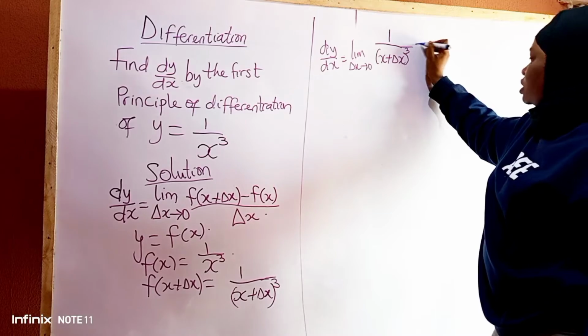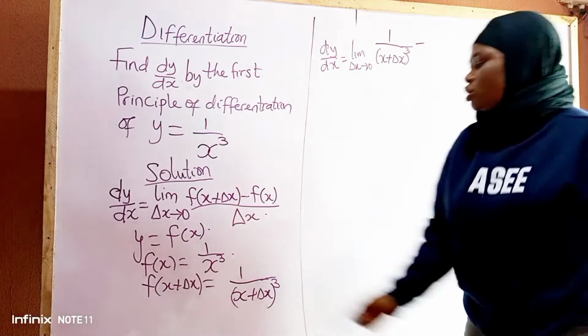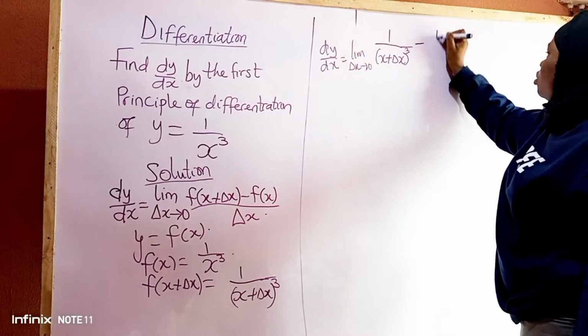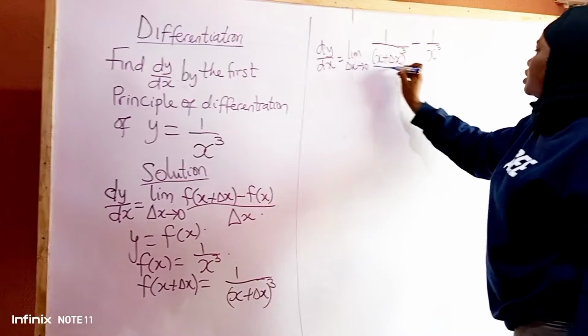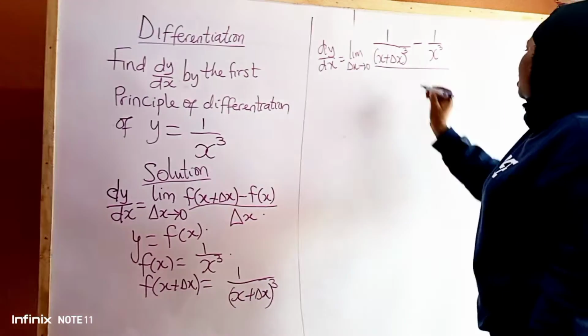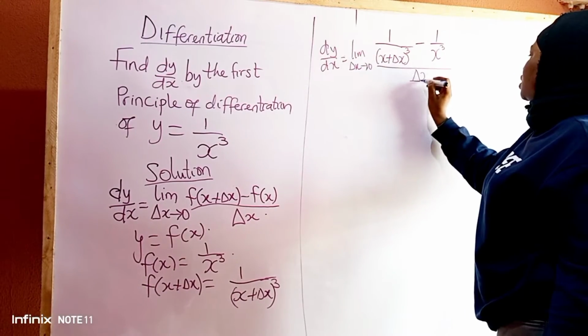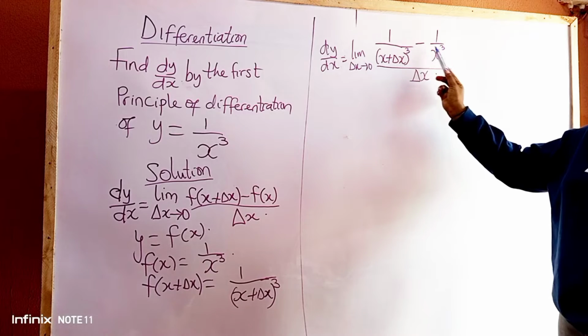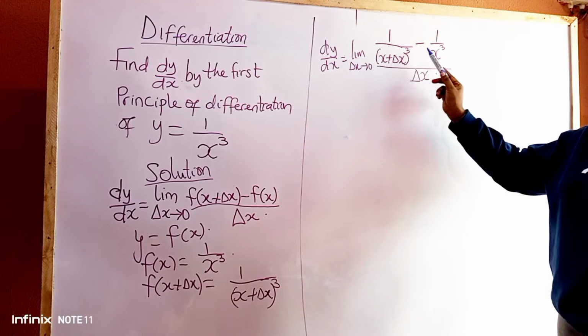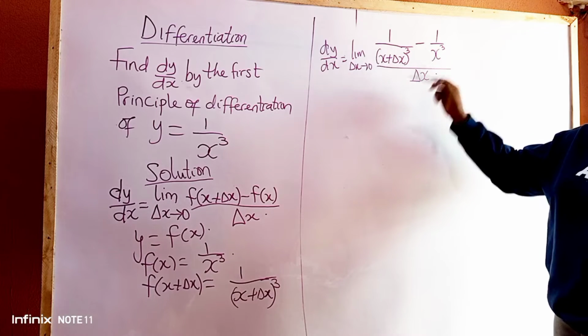Then minus f of x, which is 1 over x cubed. Everything over what? Change in x. So the next thing is that I have to find the LCM of the denominators of the numerator.